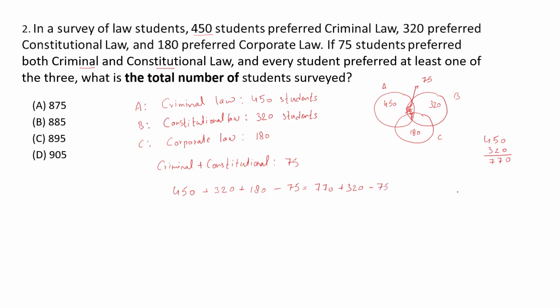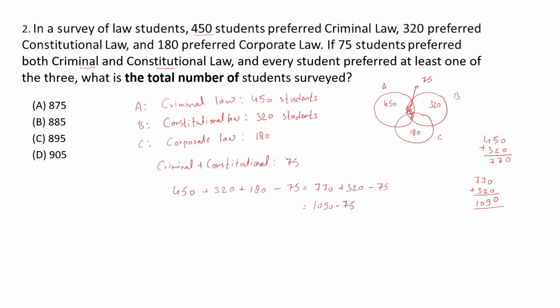Now let me add these two. 770 and 320: 0 plus 0 is 0, I'm adding them up, because there is a plus sign. 7 plus 2 is 9. 7 plus 3 is 10. So this is equal to 1090 minus 75. Why are we subtracting 75? Because you know that 75 are the ones which are in both, but we cannot count them twice.